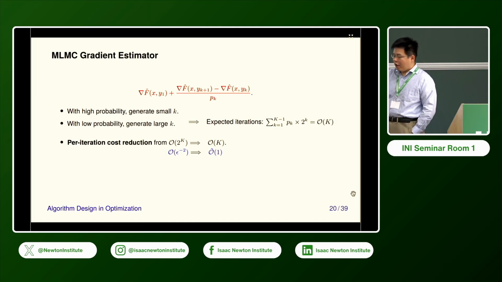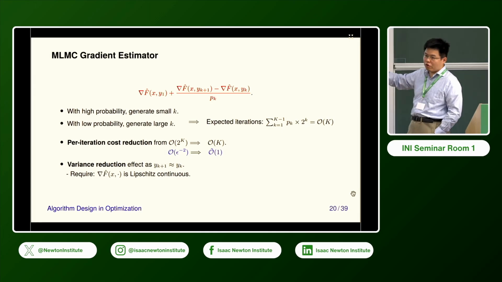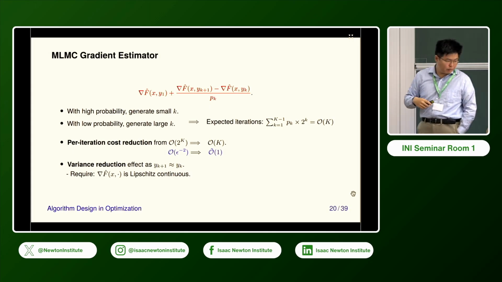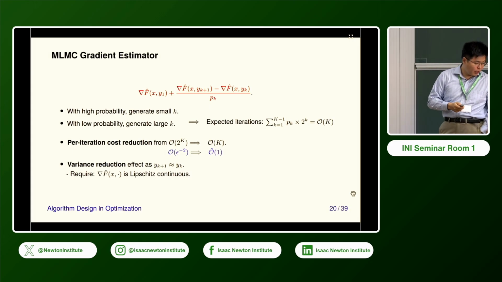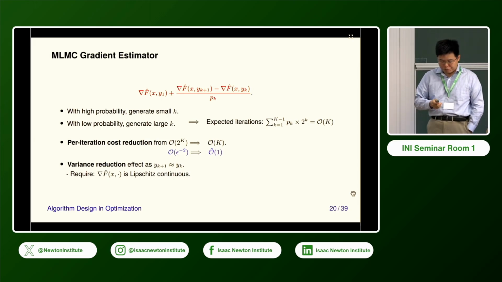Okay? And then you might question me because I'm dividing by this pk, and this pk can be quite small if k is large. So for this type of method to work, you really need to ensure there's a variance reduction or control variate effect such that yk plus 1 and yk are close enough so that they can cancel out the negative effect of dividing by this small pk. That's why we require this estimator to be Lipschitz continuous.